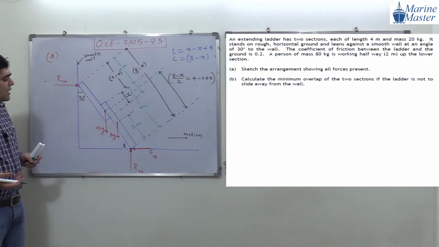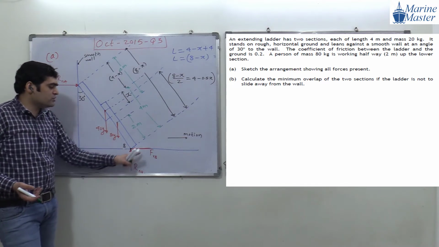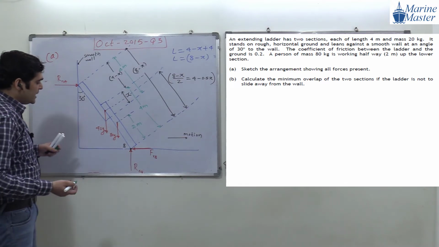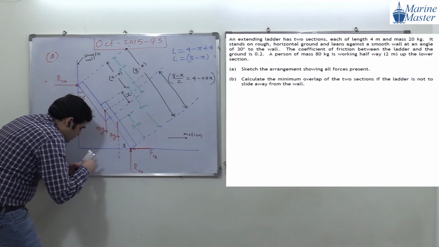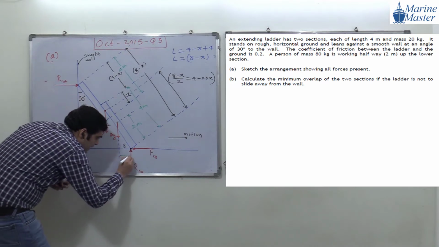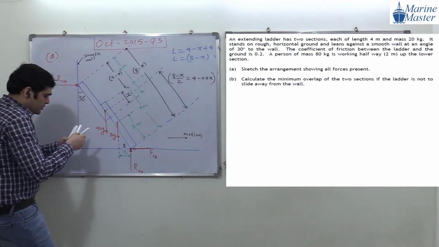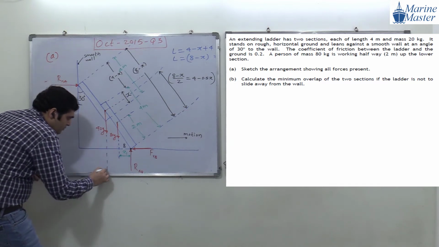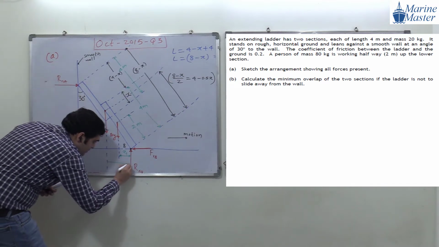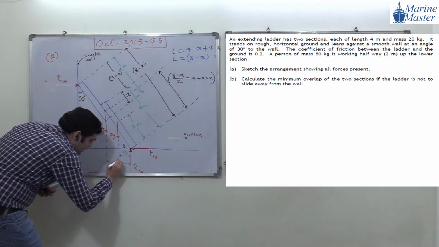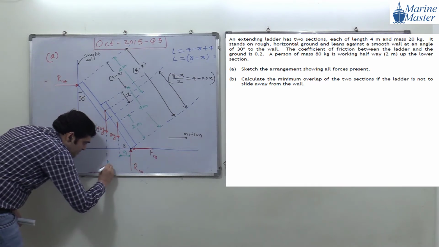Now guys, everyone getting my point? Here, as usual, we are going to take a moment about point B. If you take a moment about point B, then these two forces will not come into the calculation. So we have to take a perpendicular distance from that point. This perpendicular distance we will assume as x1, and this perpendicular distance as x2.